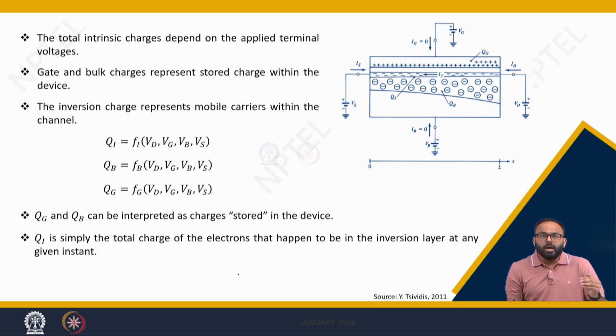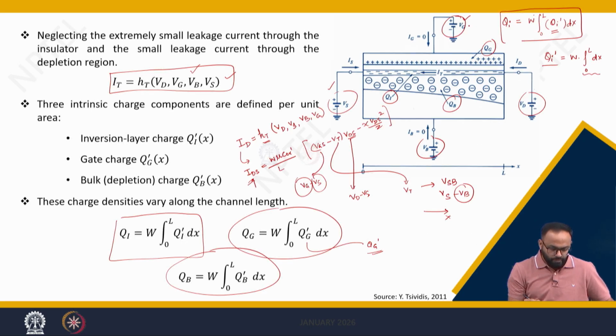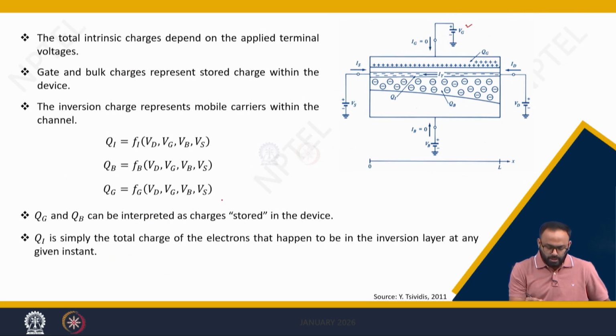Now, let us see how we can relate these charges in terms of terminal voltages. Here we have shown the terminal current with respect to terminal voltages. Now, by using the same concepts, we can represent the terminal charges or the charges inside the intrinsic region in terms of terminal voltages.